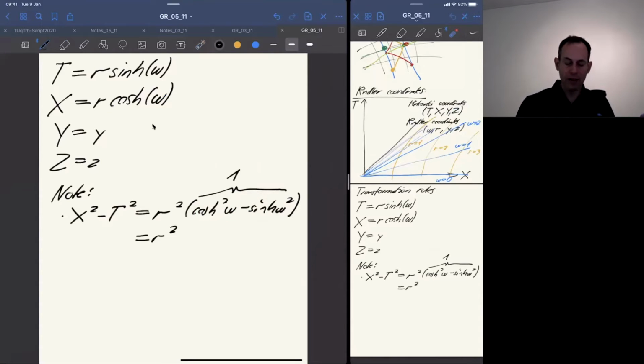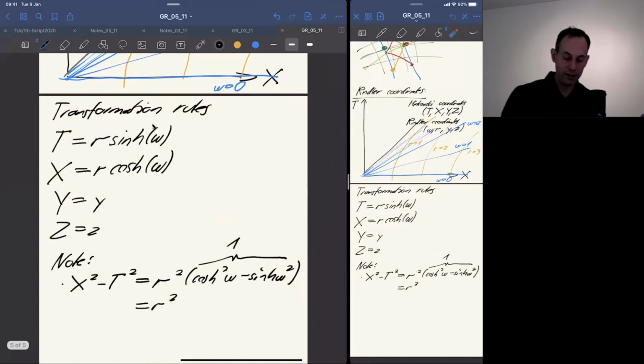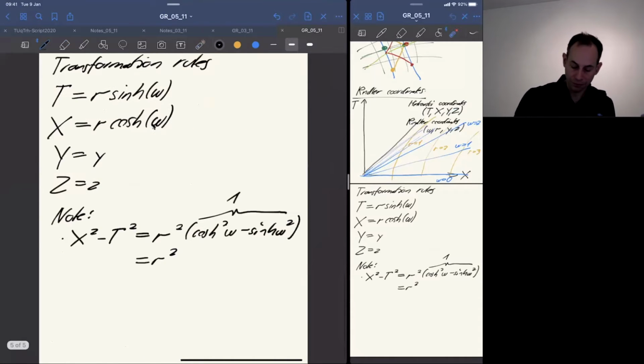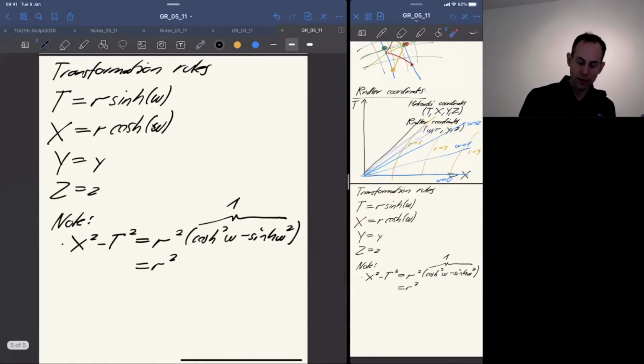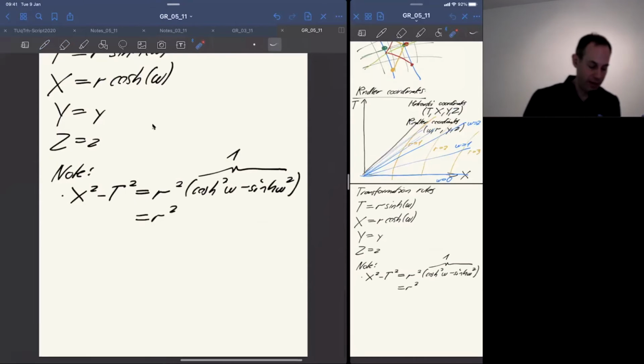So you see, that now explains these orange lines. If I fix r in this formula, then this means x squared minus t squared should just be equal to a constant. But x squared minus t squared is just a hyperbola. And these are these orange hyperbolas, which of course continue also in the negative direction. So that essentially explains the diagram that I've drawn.